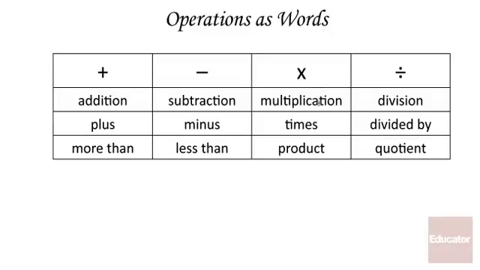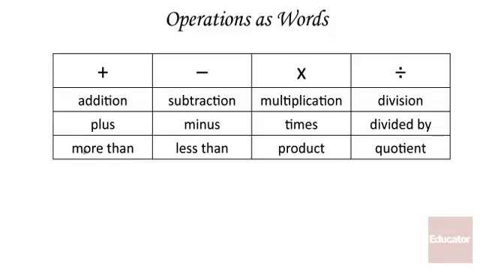For multiplication, we have times, product, and multiplied. This is division: divided by and quotient. Remember, product and quotient are probably the hardest words to remember. Product, just remember that you're multiplying, and quotient, you're dividing.